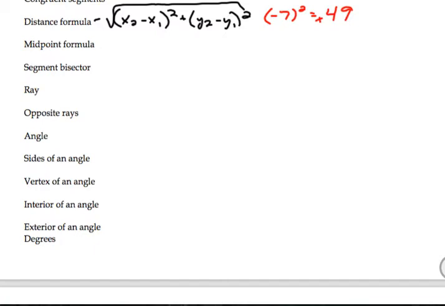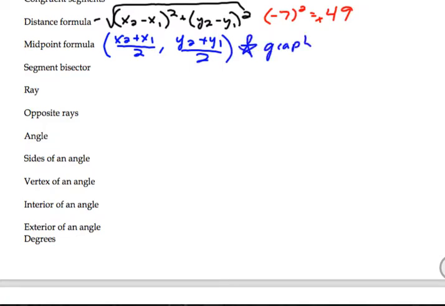Negatives are always positive in distance formula, so make sure you're paying attention to that. And we're going to use that with 2 points. Midpoint formula, we're going to have x2 plus x1 over 2, y2 plus y1 over 2. This problem everybody should get right because you can graph and check. Alright? So you should be able to check midpoint and make sure those are equal.